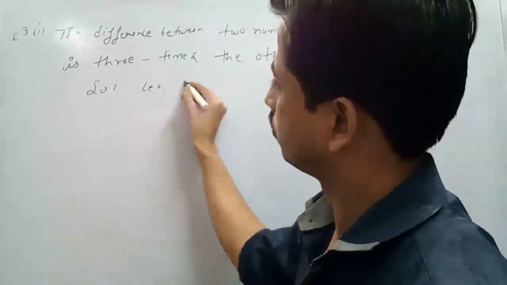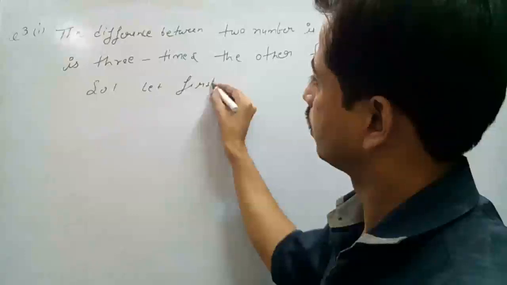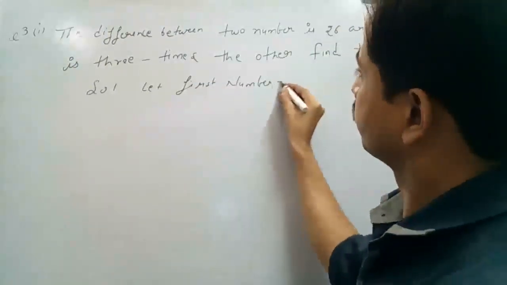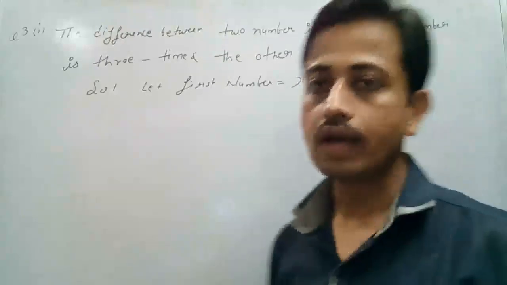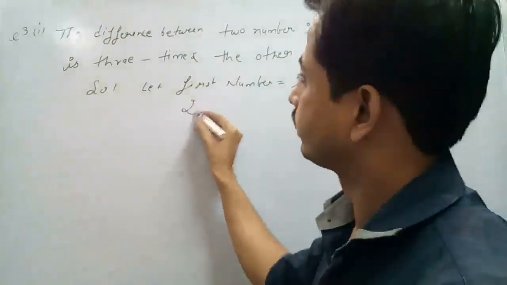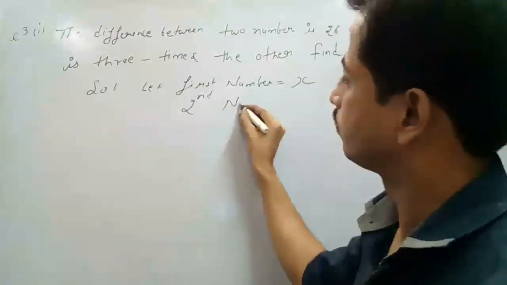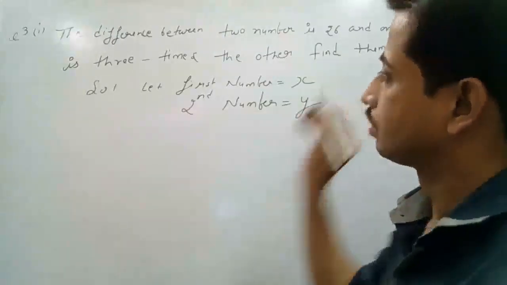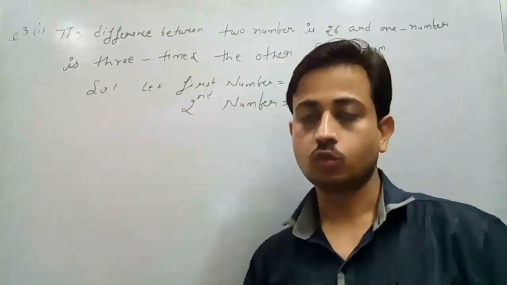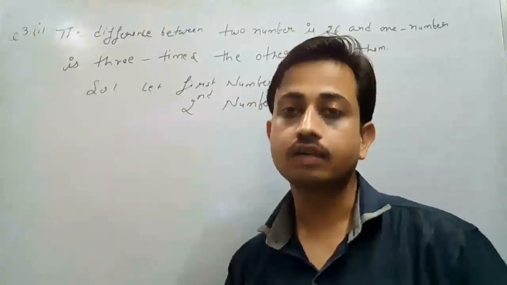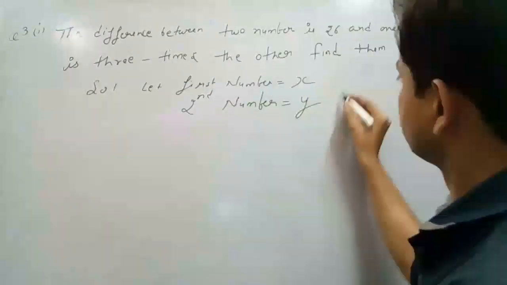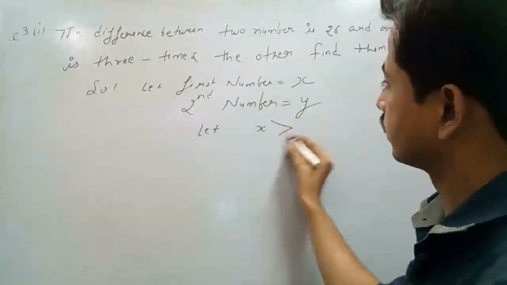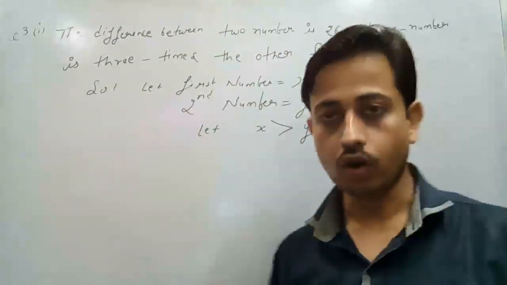Let our first number be x and the second number be y. But I don't know which number is greater, so let x be greater than y.